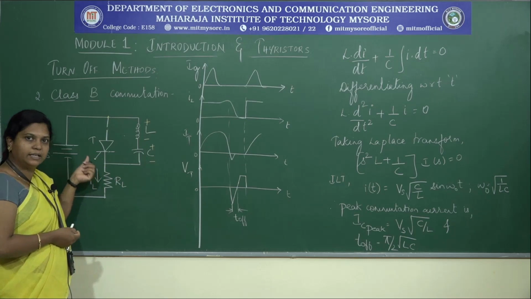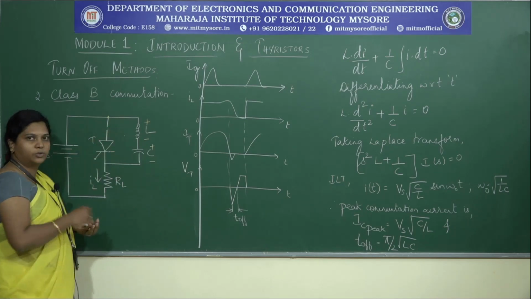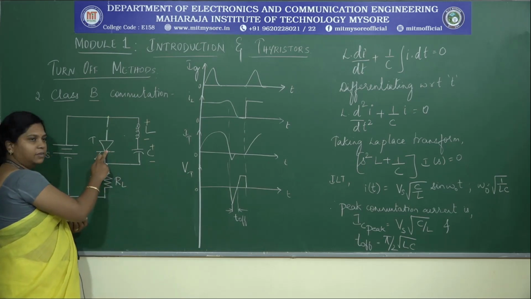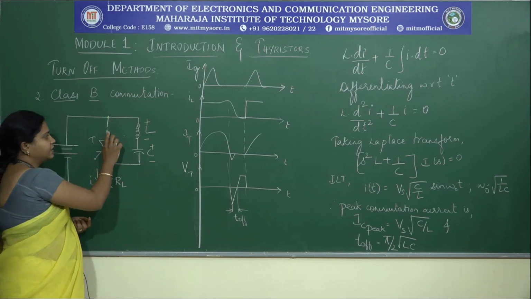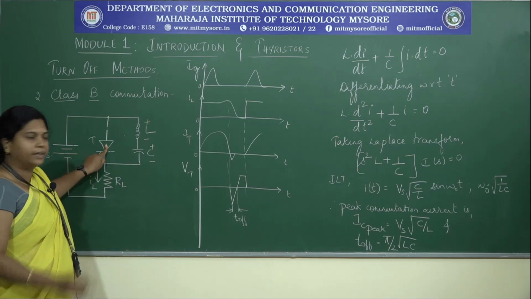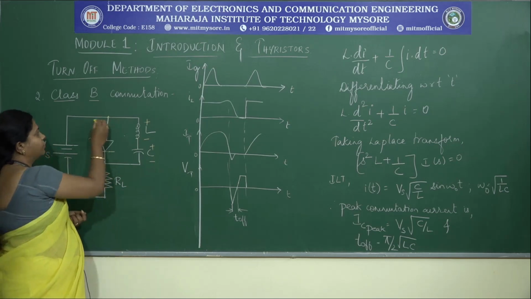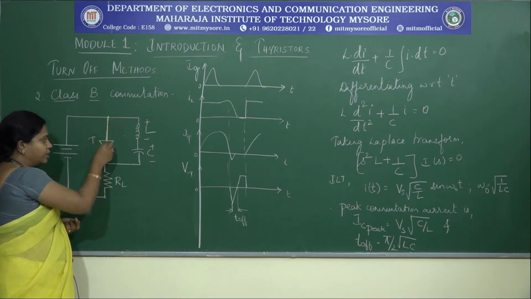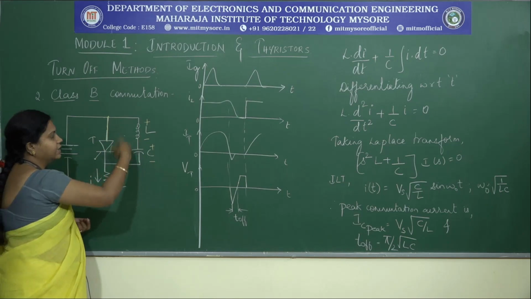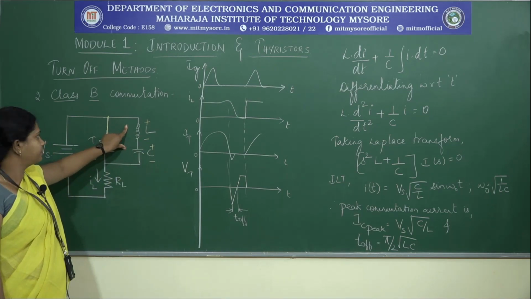Now, once you give the gate pulse, the thyristor goes to its on state. On state is nothing but a closed path; the switch is closed. So when the switch is closed, there will be two currents flowing here. One is the load current through the load, the other is the current due to the commutating components.